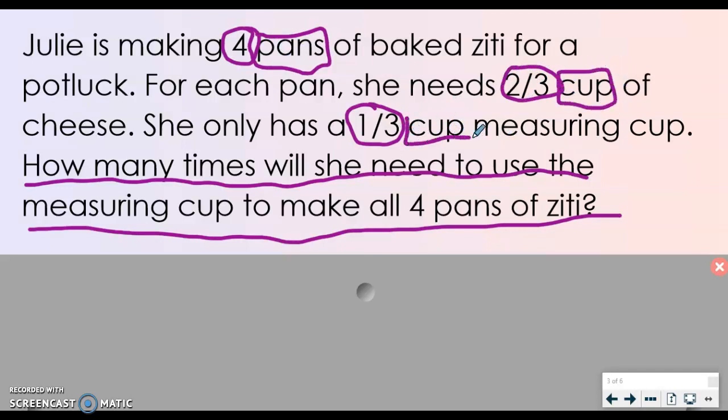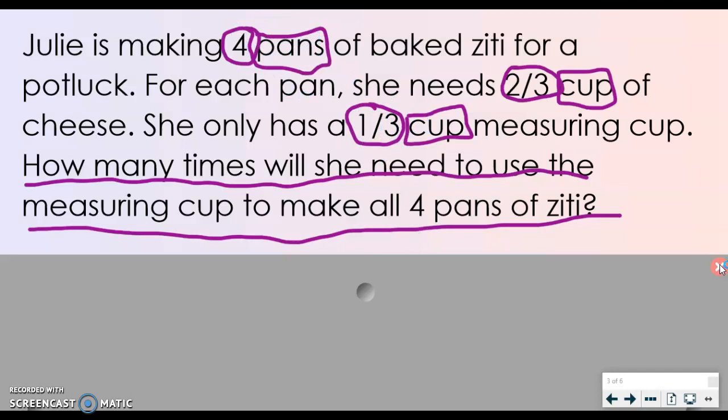They're both referring to cups, so that's good. That means these are comparable because they're both in the cup measuring unit. So we're going to have to figure out how many 1/3 cups she is going to have to measure in order to make all 4 pans of her Big Ziti.